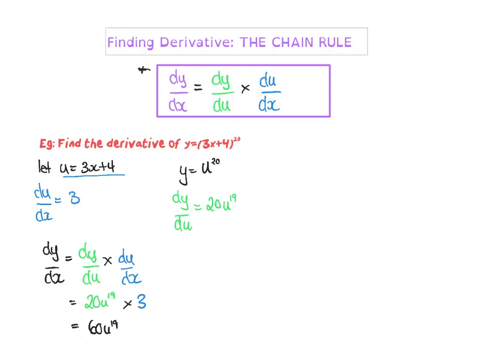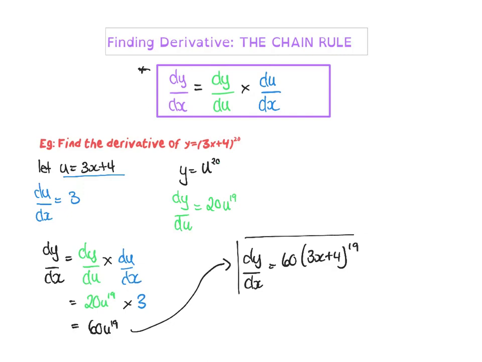Now obviously we don't want to have u in it, so you substitute back what u is. We know that u is 3x plus 4, so it's 60 times (3x plus 4) to the power of 19. So there we have our derivative using the chain rule.